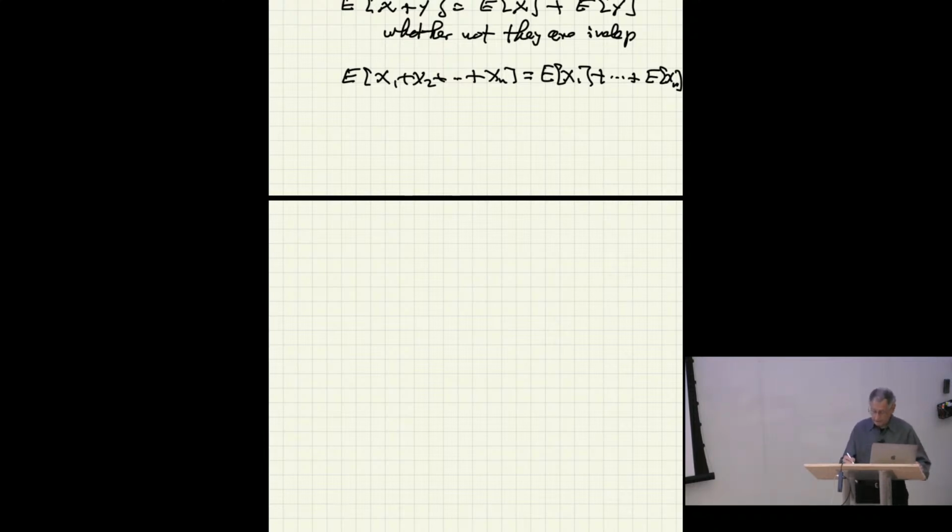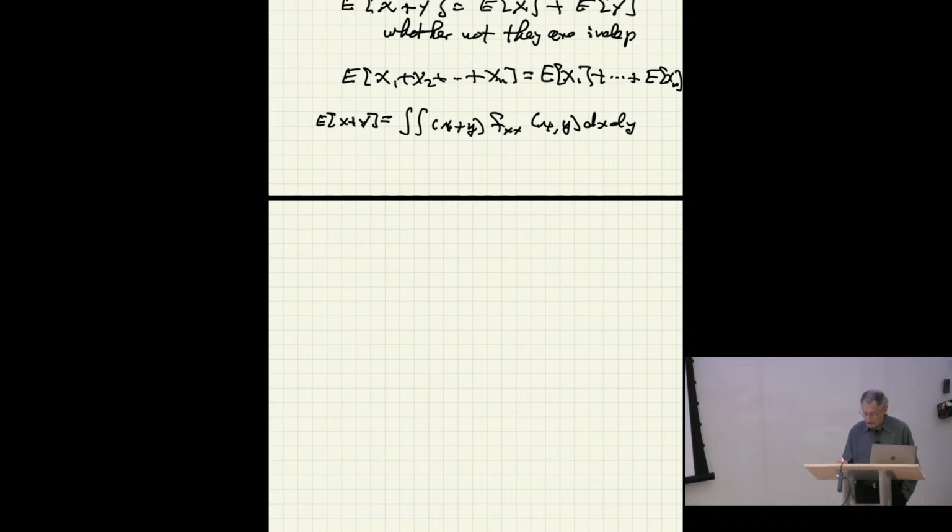Let me show it to you since nobody lit up a light when I asked the question. Let's try the case for 2, x and y. Expectation of x plus y is equal to a double integral, as you suggested, of the sum, little x plus little y, of the joint density f sub xy of little x little y dx dy. That's the way you would form it.